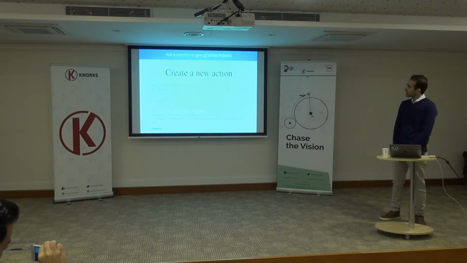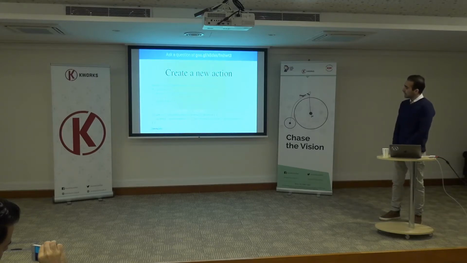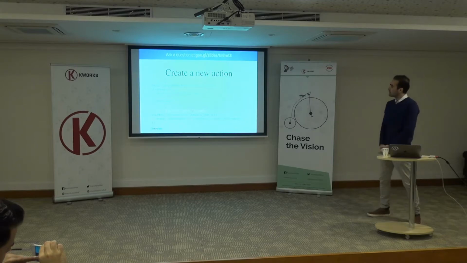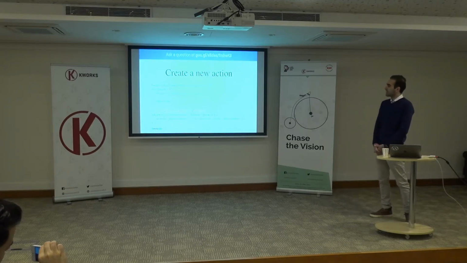In this example, we call a function that sends an email. It's very easy. Look at the slide. For example, if an error occurs in your plugin, you can run a function that sends an email.